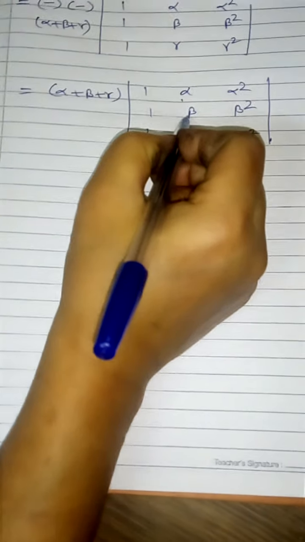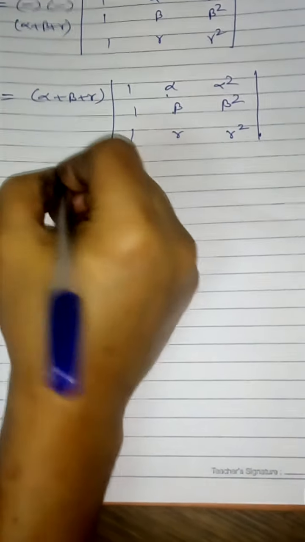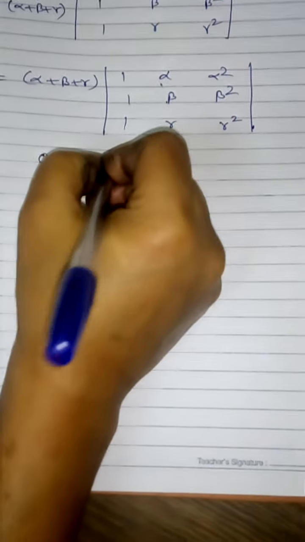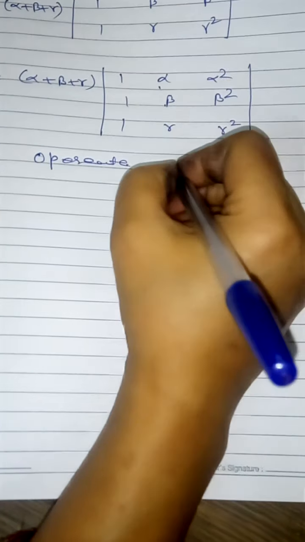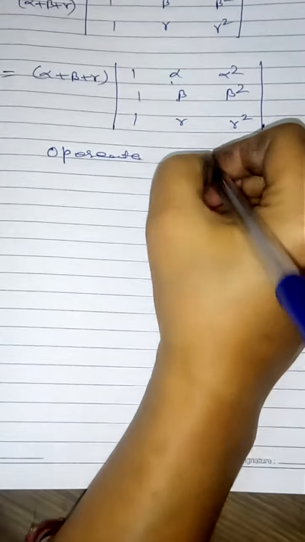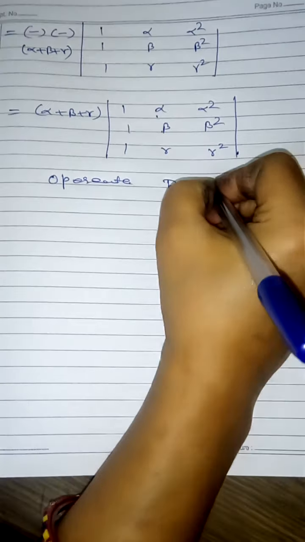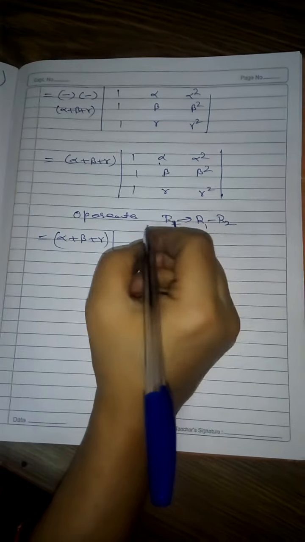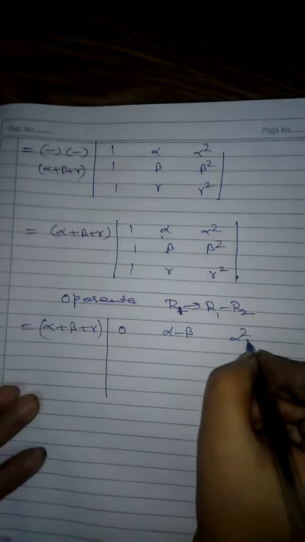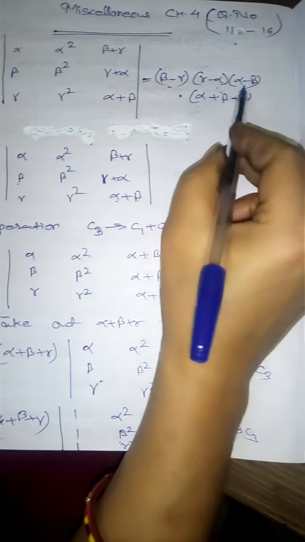Now to get alpha minus beta, we apply the operation R1 goes to R1 minus R2. Then we get alpha plus beta plus gamma, and R1 is 0, alpha minus beta, alpha square minus beta square. In the RHS alpha minus beta is coming here.